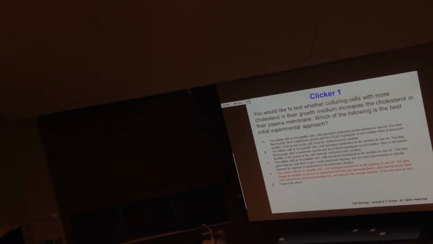So C isn't specific enough. Now D actually measures the amount of cholesterol in the membrane using a cholesterol binding dye, and measuring the average intensity. So this directly measures cholesterol, and the other measures a side effect of the cholesterol.